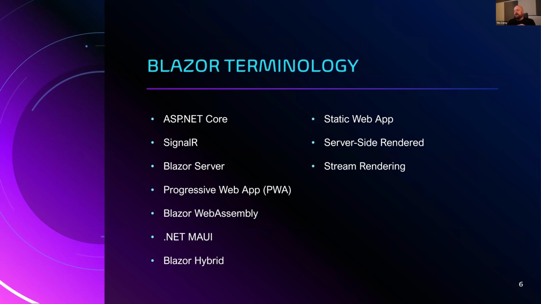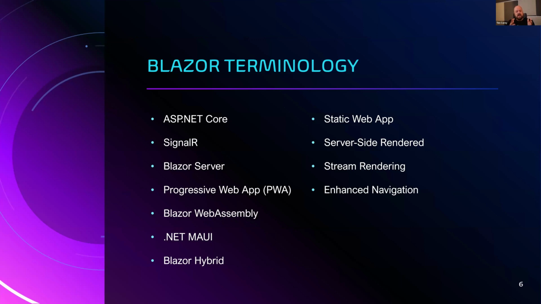Stream rendering. This is where, again, Blazor starts to cheat, which is awesome. I love the fact that it cheats. So what it's going to do is say, hey, let's do server-side rendering, but there may be stuff you're waiting on. No problem. We'll send it to you later. Even though it's doing it on the server, it's doing it later and then injecting that into your site, and we'll see that. Enhanced navigation, similar concept.